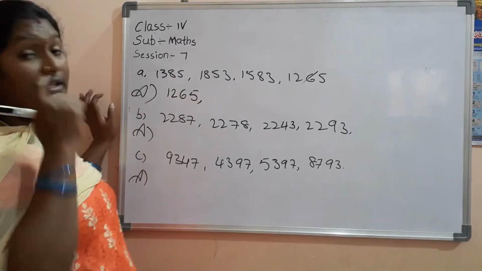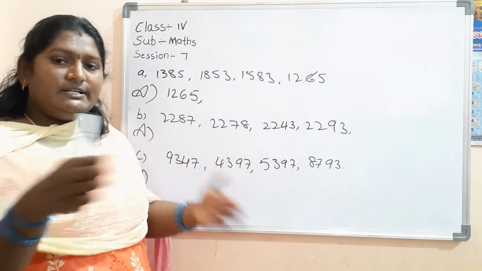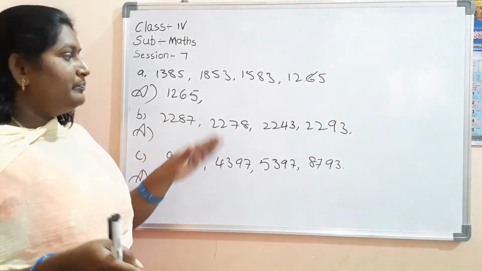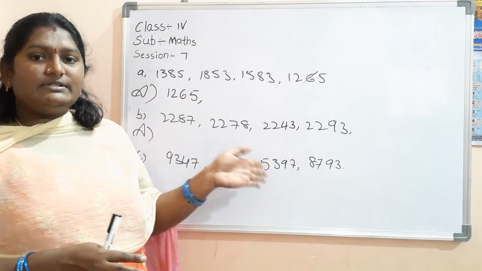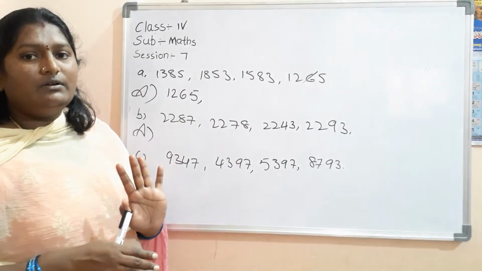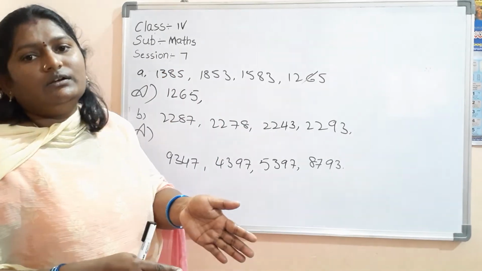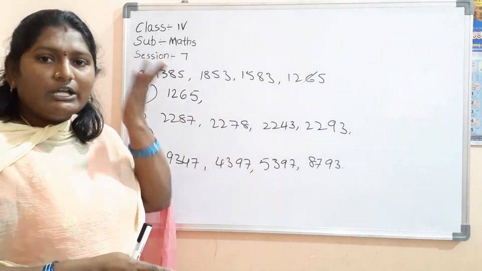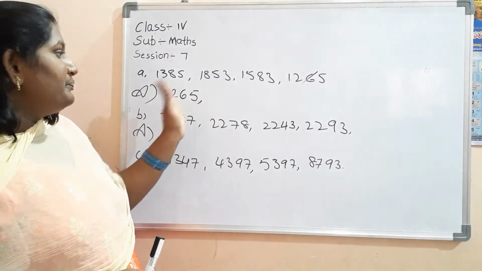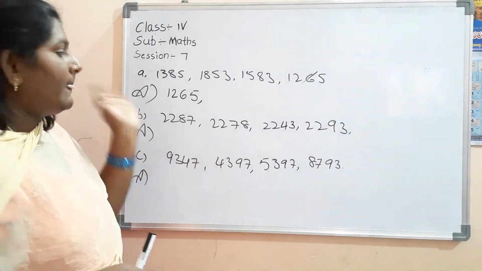I already told in the third class, in ascending or descending order, whatever first number we are writing, you have to cross the number, so you remember it is written and don't get confused. So 1265 is the small number.